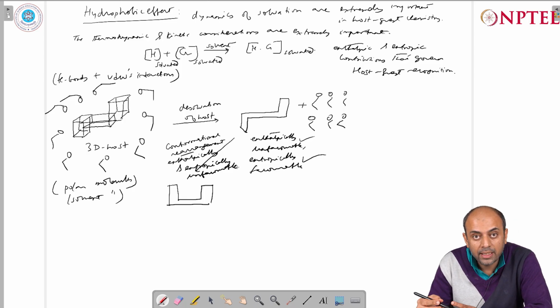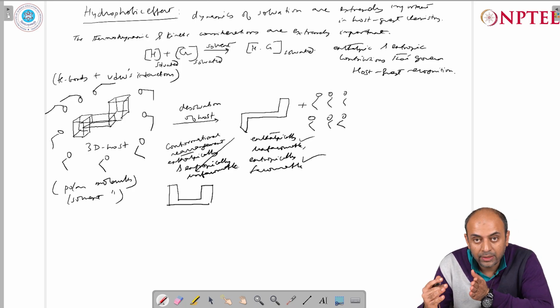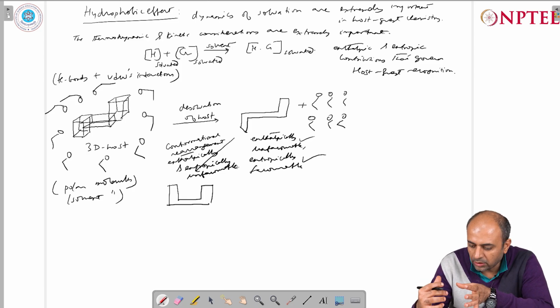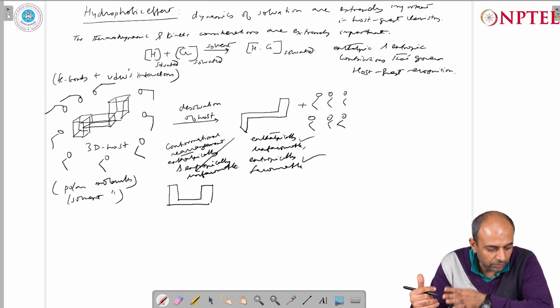Why? Because energy has to be spent by the system in trying to change the conformation, get it into the more active conformation, and it is also entropically unfavorable because now you are going to restrict the motion of the conformationally flexible molecule. So, there is a conformational restriction, so the entropy loss takes place, and there is an enthalpy contribution because energy is necessary to change the conformation.